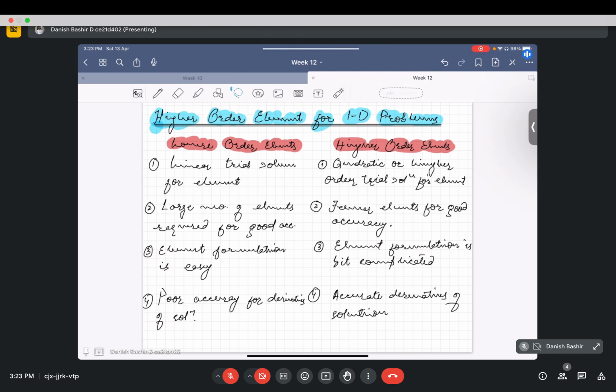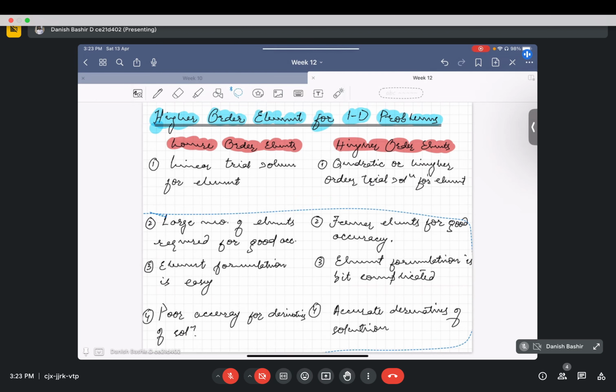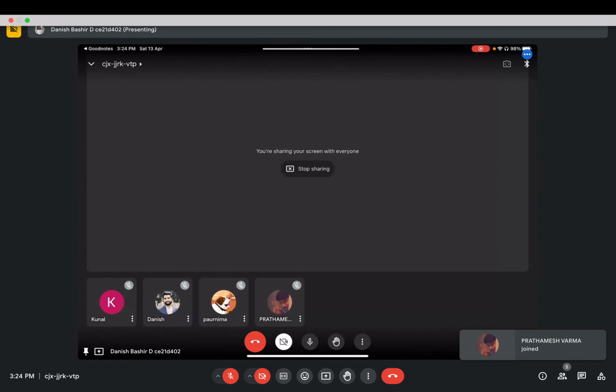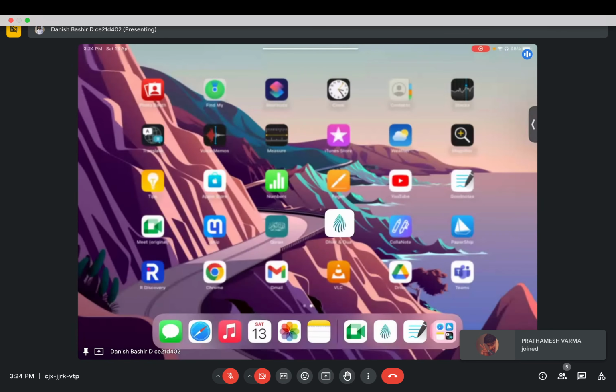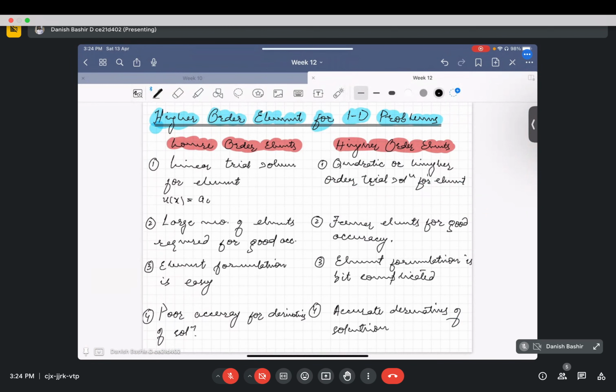What is the main difference between the lower order elements and the higher order elements? It's very important to know the difference between the two. So we assumed u of x to be, if you remember from the first class of the third or fourth live session, a naught plus a1 x.